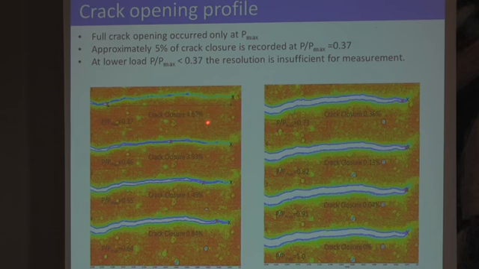We tried to record the closure at each load level until full opening of the crack occurred only at the max, with almost 5% closure at the P-min, which is 0.37. Lower than 0.37, the resolution wasn't sufficient for measurement.